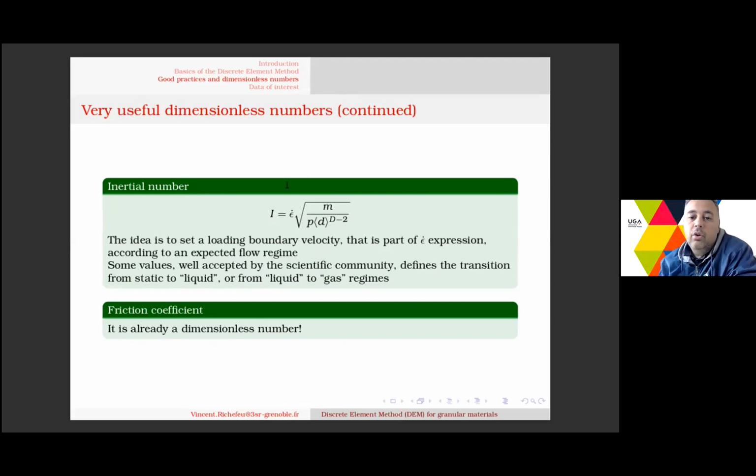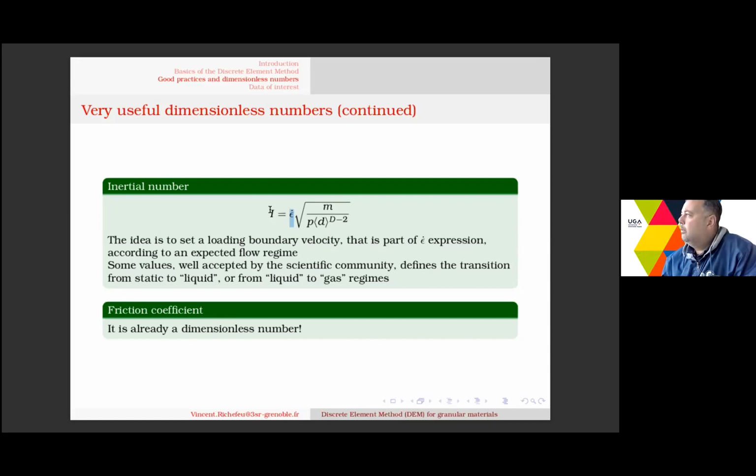Okay. So one definition of this number is the strain rate times the square root of mass over pressure times mean diameter. So if you want, for instance, to make a biaxial compression in the quasi-static regime, you have to rely on what the community says about which I is okay.